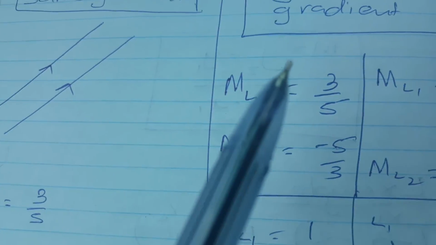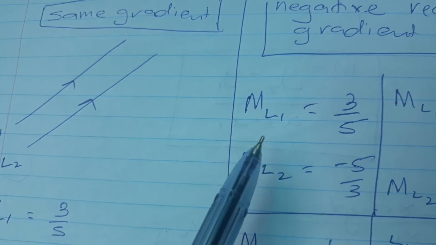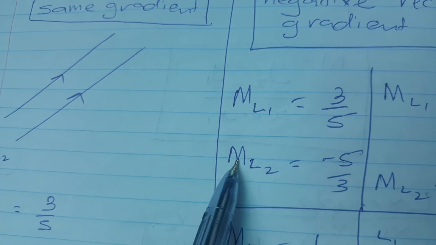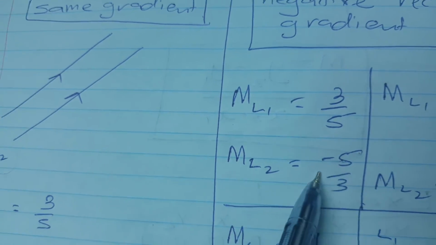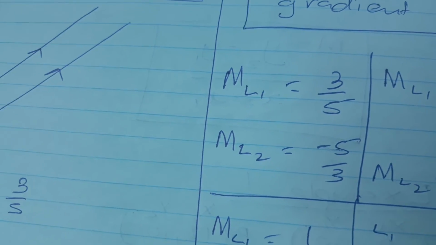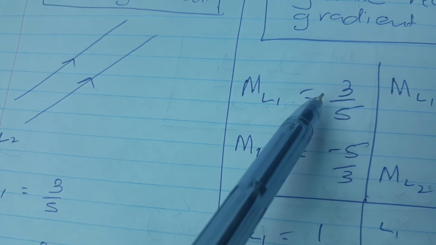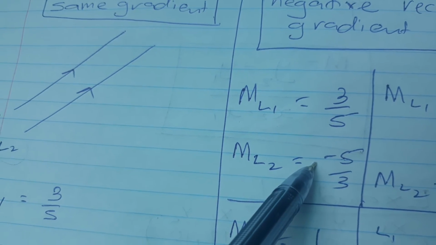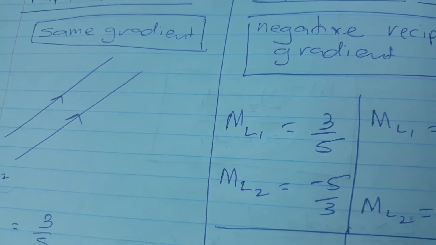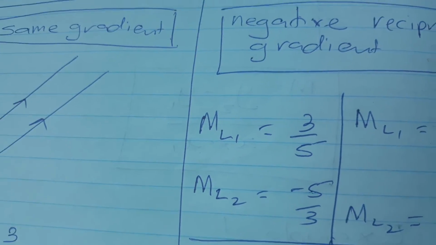So let's look at some examples. If gradient of line 1 is 3/5, then the gradient of the second line, line 2, would be -5/3. We'll just flip the fraction, and then if the first one does not have a negative sign, we'll include the negative sign to the second one. Negative reciprocal, we'll add a negative sign and the reciprocal.